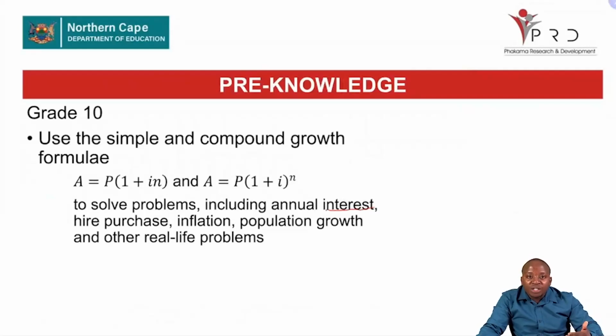It's a rent that is due by you to the bank. Now, in grade 10, when we talk about simple and compound growth formulae, those are two methods that we utilize to calculate this interest that is charged on you or that you receive from an investment.